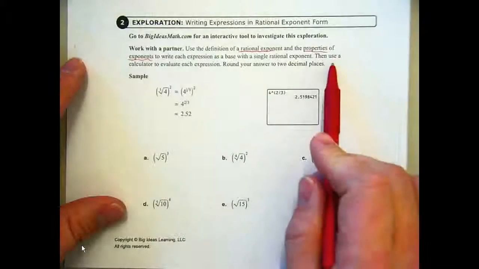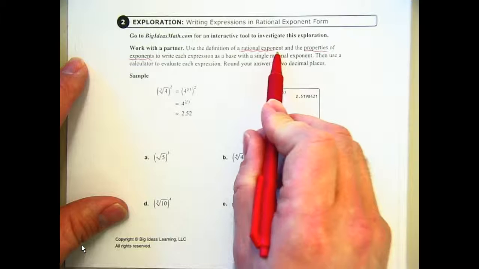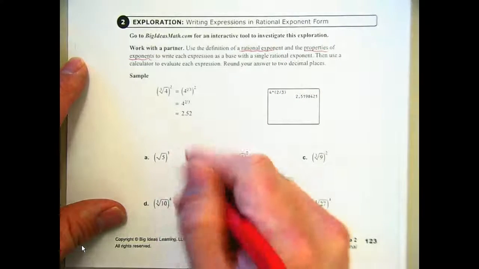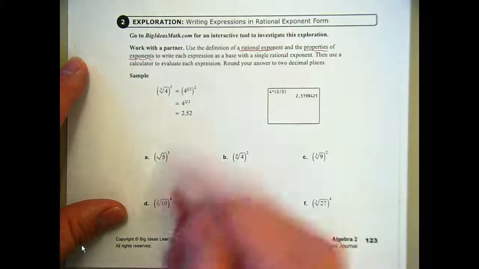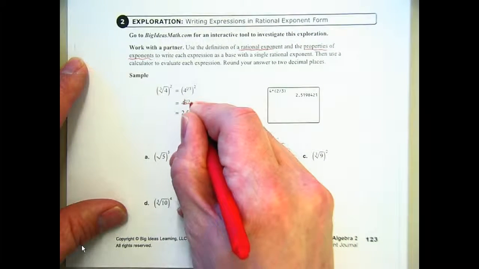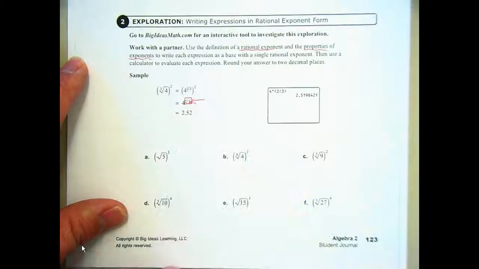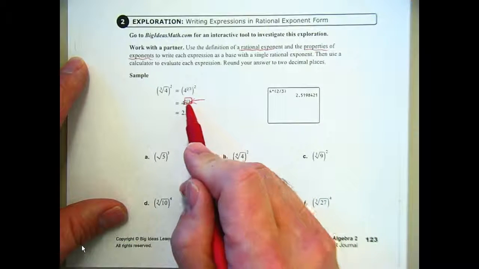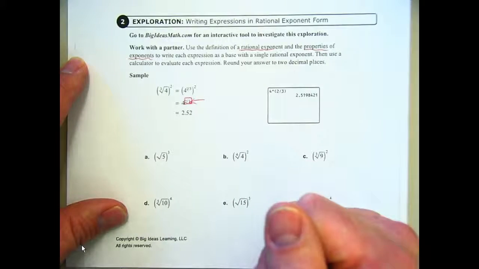Okay? Then use a calculator to evaluate the expression. So if I'm dealing with a rational exponent, that means an exponent. What's a ratio? A ratio is a comparison, or we call it a fraction a lot of times. So a rational exponent means an exponent that's a ratio or a fraction, or can be expressed as a fraction.